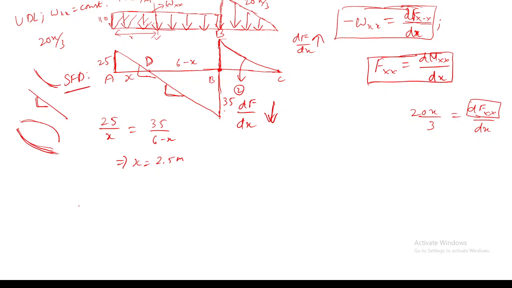Now can we come to the bending moment diagram? Since we are having an extra point D, can anyone say what will be the bending moment at point D and how you will find it?